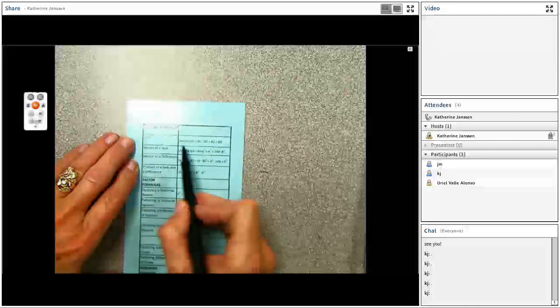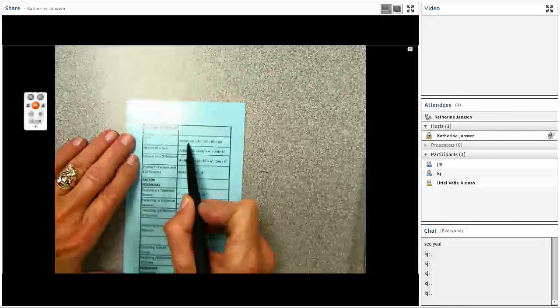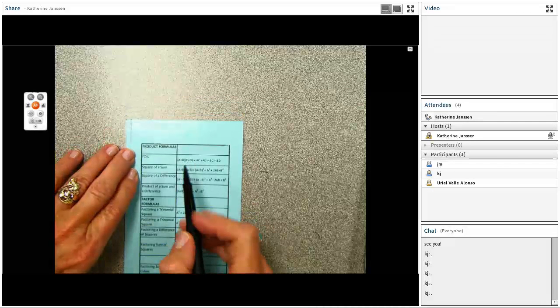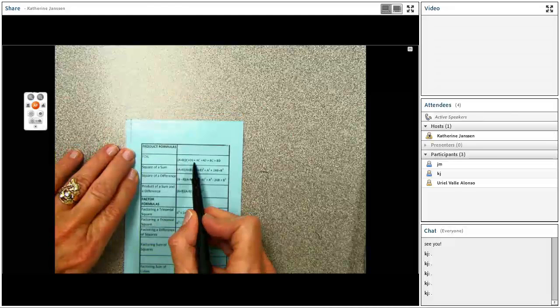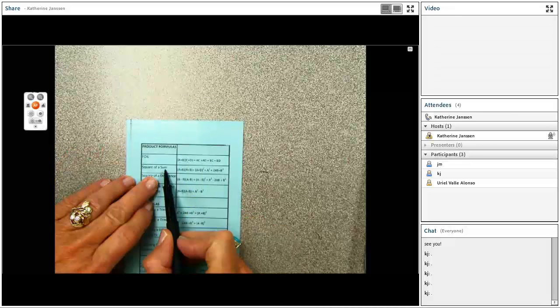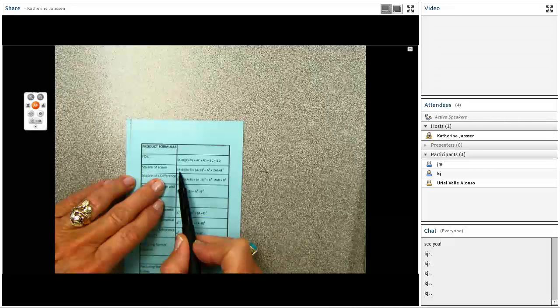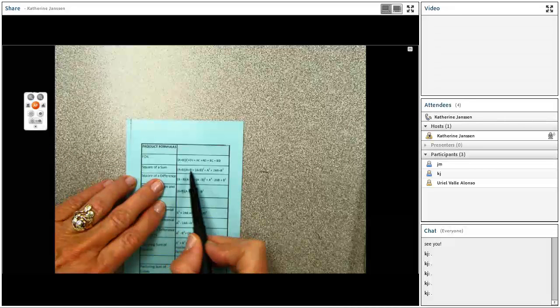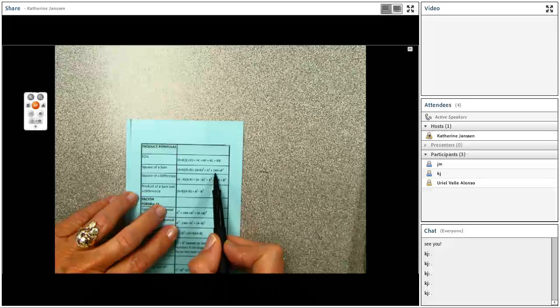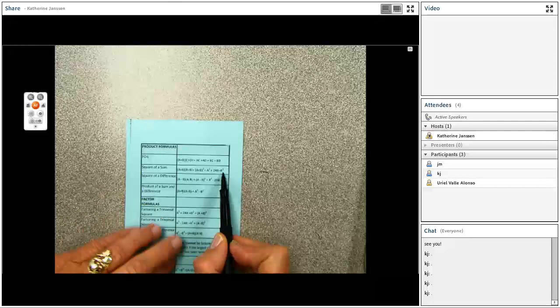We use FOIL if the first two terms are not the same, or if the first two terms are the same but the last two terms are not the same. Otherwise, the square of a sum, if the first two terms are the same and the last two terms are the same, we expand as A squared plus two like positive middle terms, and square your last term.